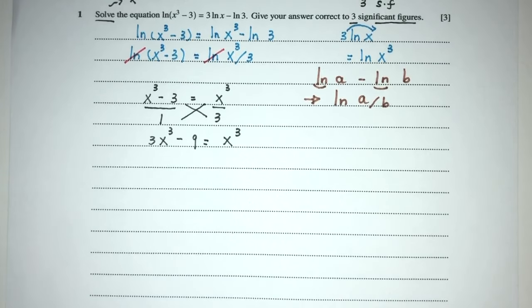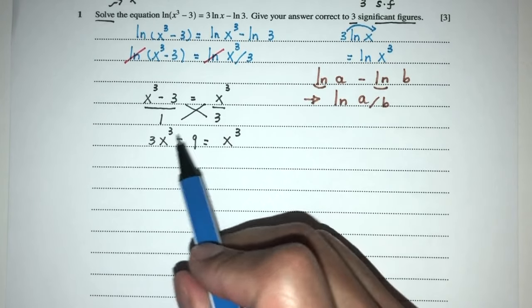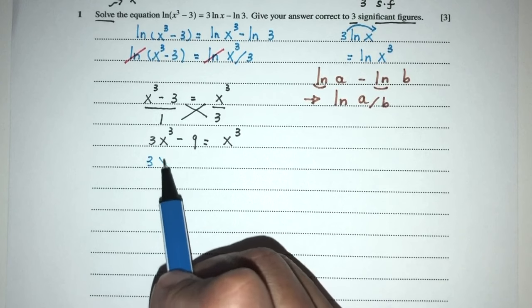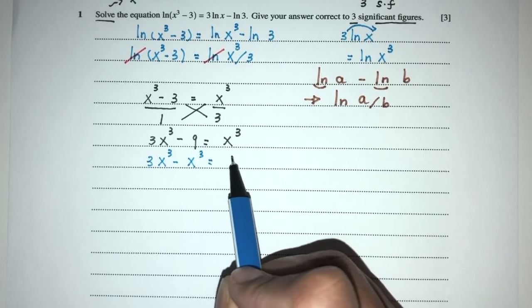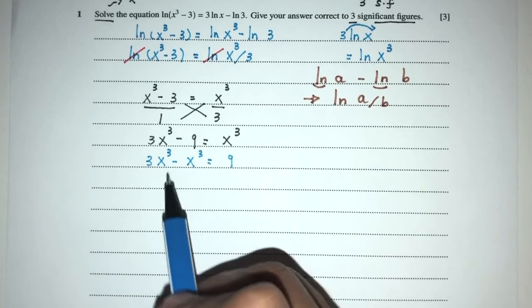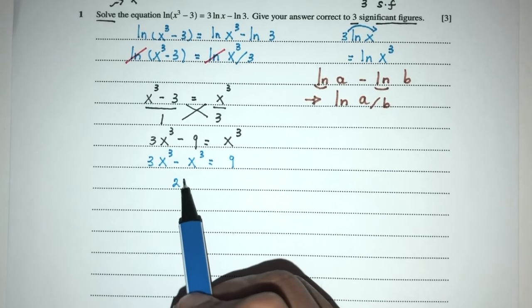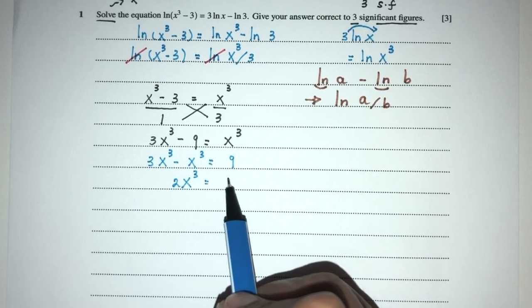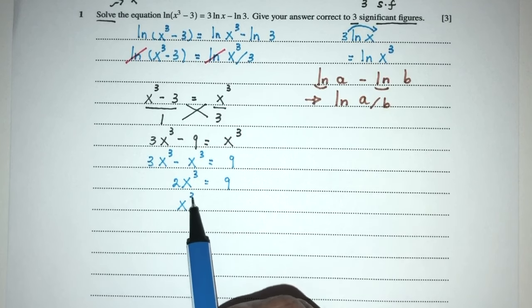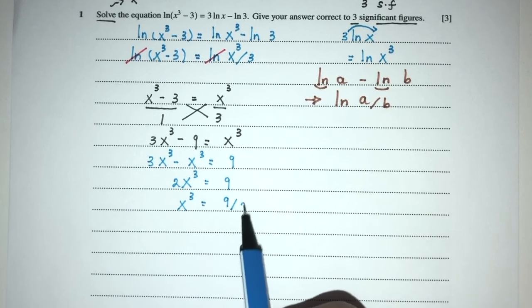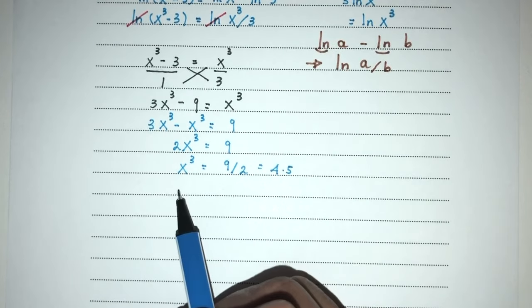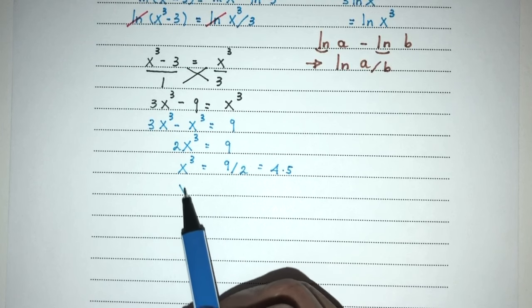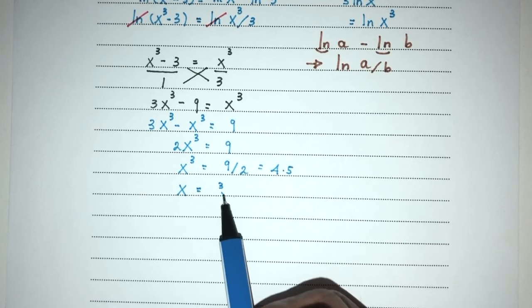Now to solve, we have to find x obviously, so send x to one side, you will have 3 x power 3 minus x power 3 is equal to 9. Now 3 minus 1 will be 2x power 3, that will be 9. So x power 3 will be 9 over 2, which is 4.5. Now finally, to find the value of this, that will be cubic root of 4.5.